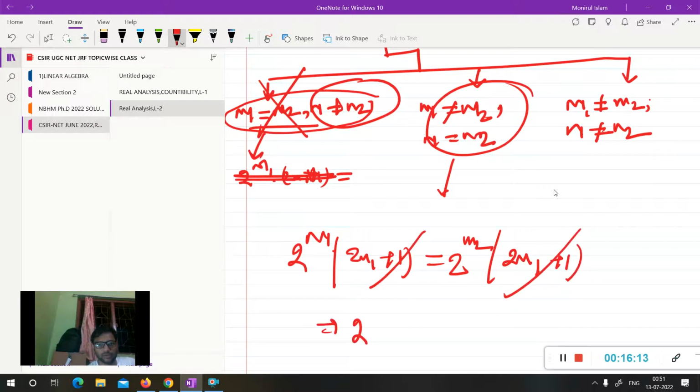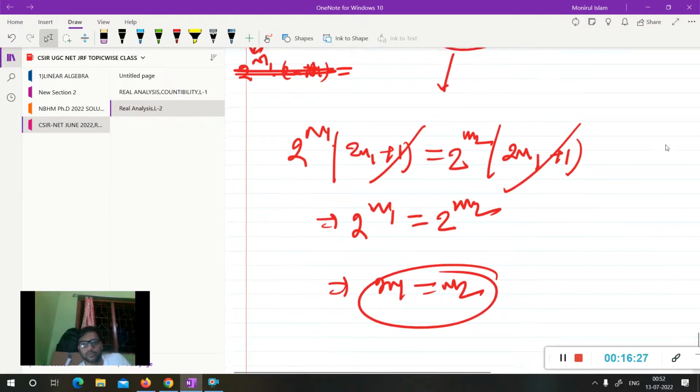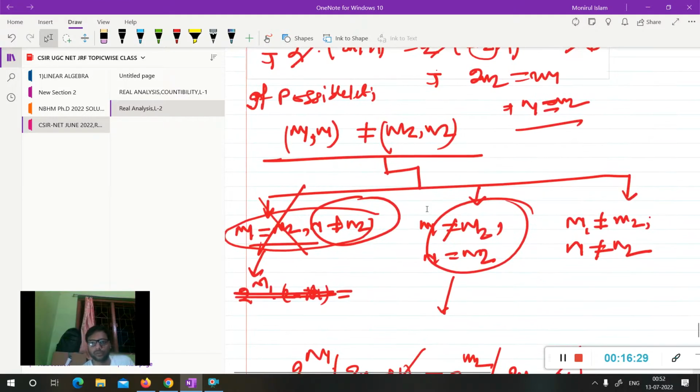So 2 to the m1 equals 2 to the m2. You take the log on both sides with base 2, and this gives m1 equal to m2. But here we have m1 not equal to m2, so this case never happens.